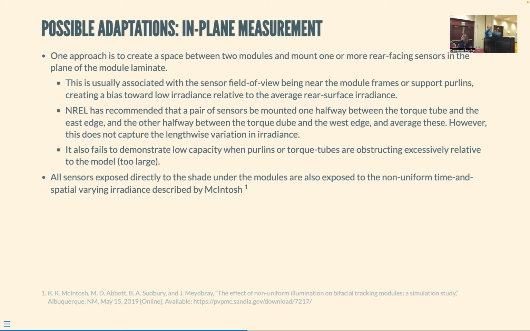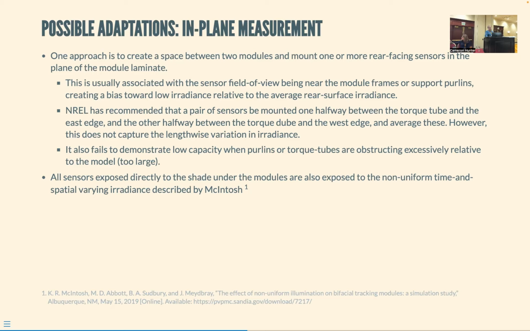Then there's this question of how does it vary? In the middle of a module, those 2 frame bars are quite far apart. If you're between two modules that just got shoved 4 inches apart so you could stick a sensor in there, they're quite close together. So locally, there's a shading situation that isn't representative of the entire backside of the array.